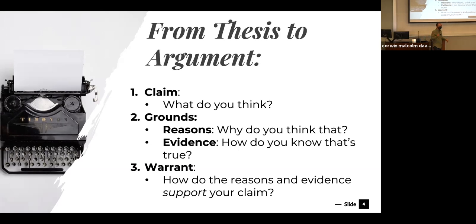Some people write these papers that way, where they just gather a lot of sources and cite a lot of sources, but they're not saying anything. There's no clear argument. There's no clear thesis of what the claim is. So both of those have to be there. One clear claim, evidence and reasons to back it up, so that the reader understands and is justified in whatever it is you're trying to argue.